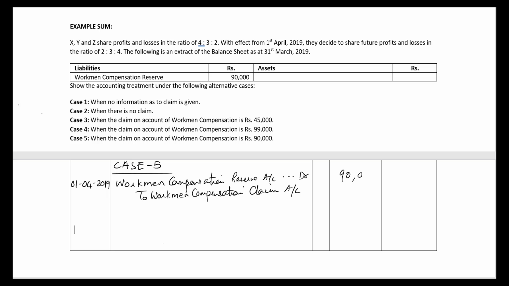So the 90,000 of the reserve will be taken as claim, being workmen's compensation claim created.